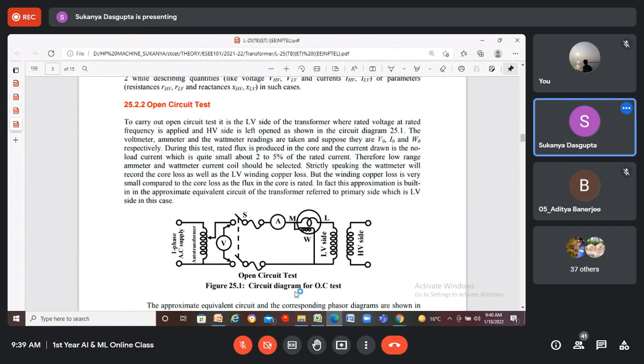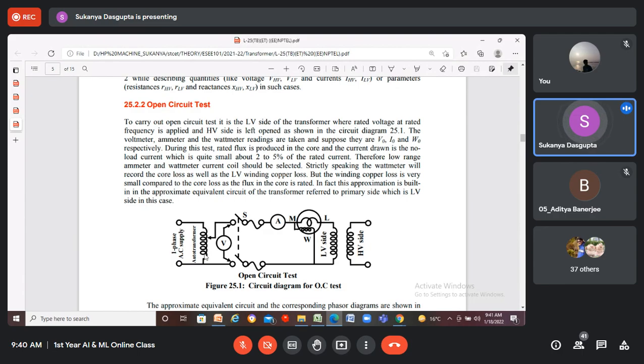You can see this is the high voltage side of the transformer, and all the measuring instruments are connected with the low voltage side, which is connected with the single phase AC mains supply. So first we connect the single phase mains, the 220 volt 50 hertz AC supply, across a variac, which is an auto transformer.